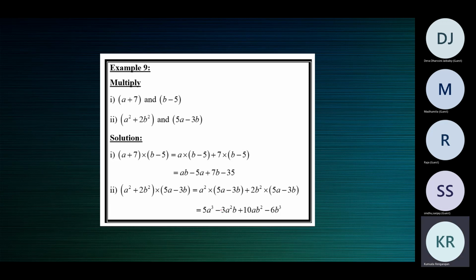So your answer is right, children. There are no like terms. This is a squared b. This is a b squared. So there are no like terms, so you cannot simplify any further, correct?